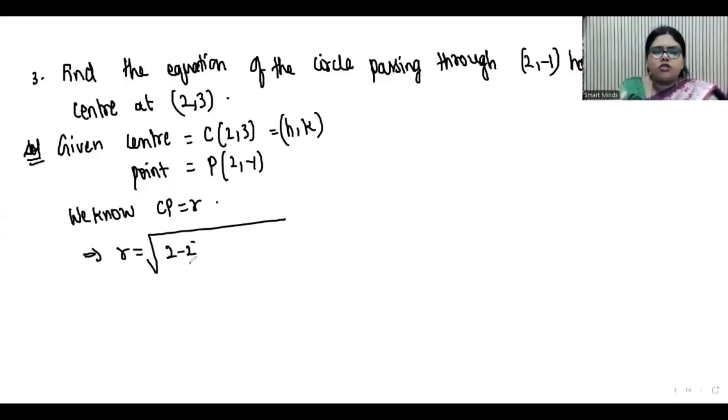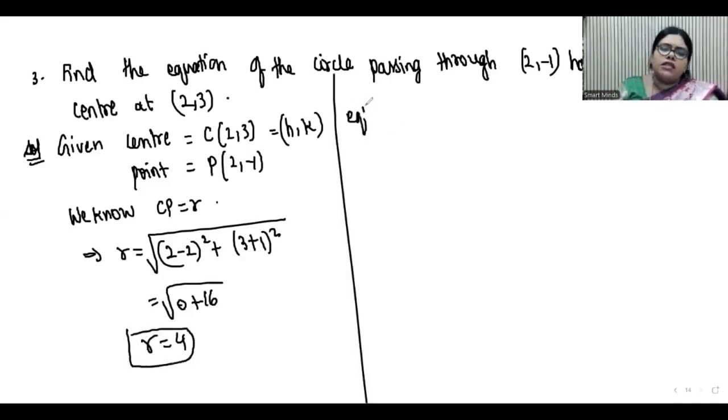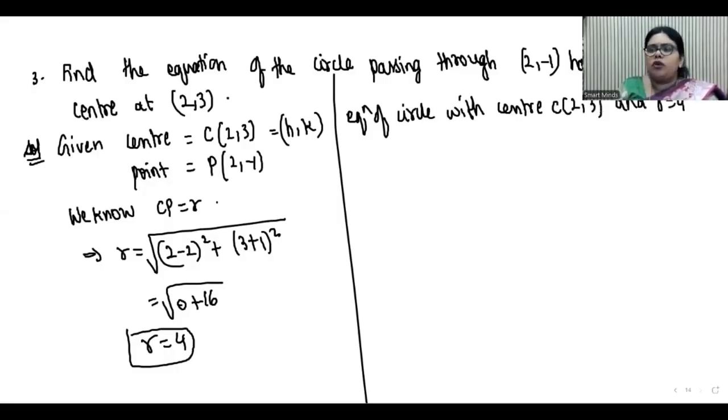So (2 minus 2) whole square plus (3 plus 1) whole square. That is 0 plus 4 square, which is 16. That is 4. Now you got r is equal to 4. Now what is the equation of the circle with center (2, 3) and radius equal to 4?